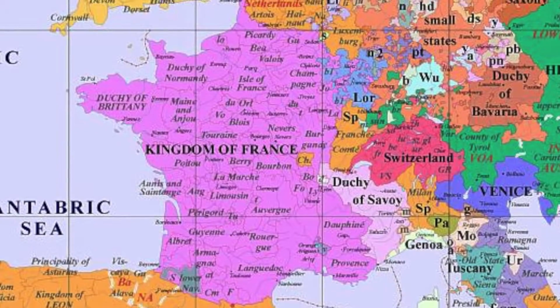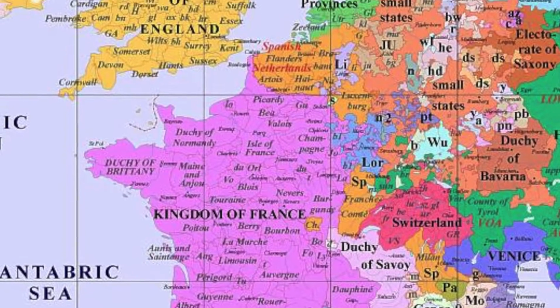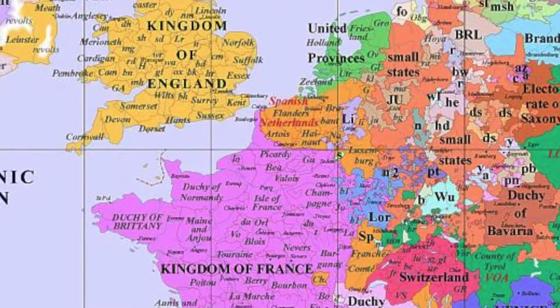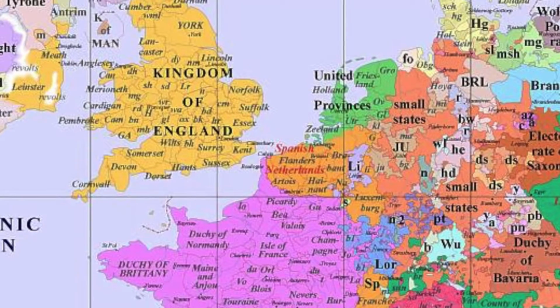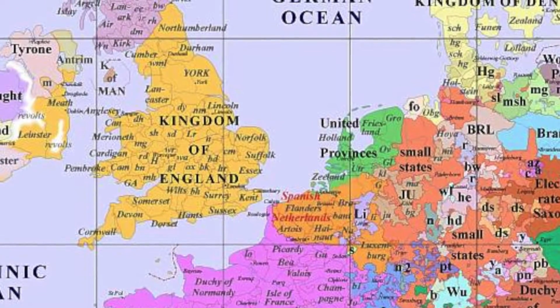17th century Europe saw the evolution of two strikingly effective forms of state power: absolute monarchy with the Bourbon monarchy in France, and constitutional monarchy exemplified by the Stuart dynasty in England.